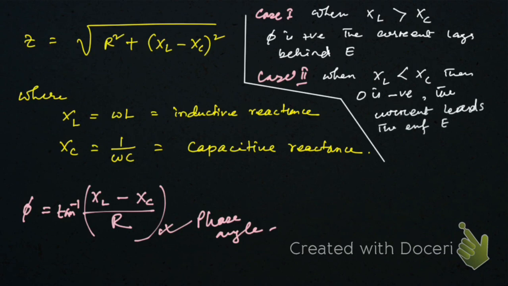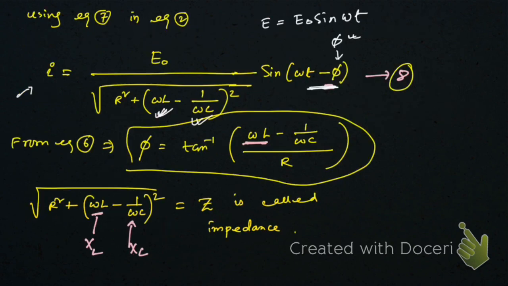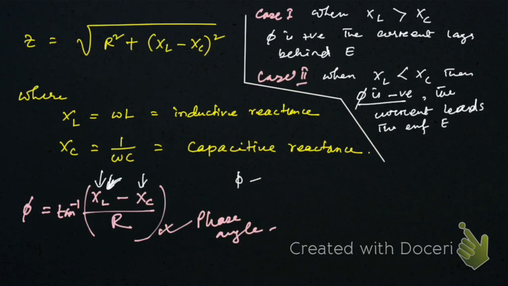You can see clearly from here, if XL is less than XC, then this phi will be negative, and if you put negative phi here, then sine omega t minus phi will become sine omega t plus phi. Then this current will lead the EMF by phi, right? So hope you have understood this.